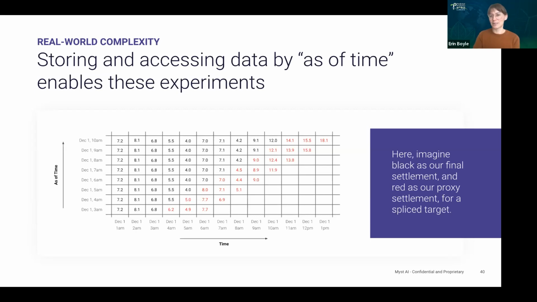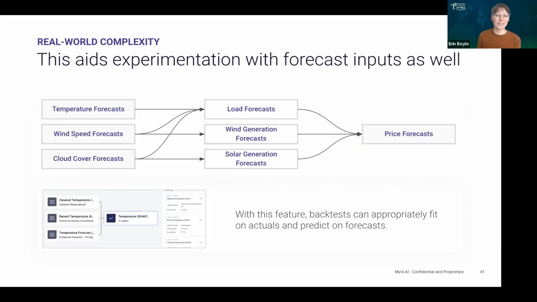I'll just highlight quickly, stepping a bit away from the demand forecasting focus, that this kind of improvement to backtesting has a lot of other ramifications as well. I'll highlight one other before closing, which is that in the electricity space, there are forecasts everywhere.